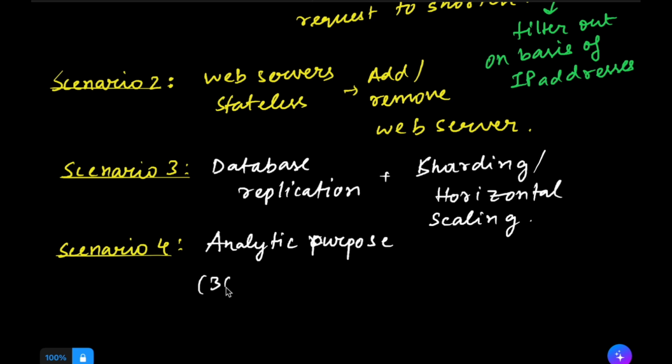That 302 status response says that the short URL has been temporarily moved to the long URL, and every time we make a request to get a long URL, it will hit the URL shortening service to get the long URL. So this can be used for analytics also. This is one of the features which we can discuss.